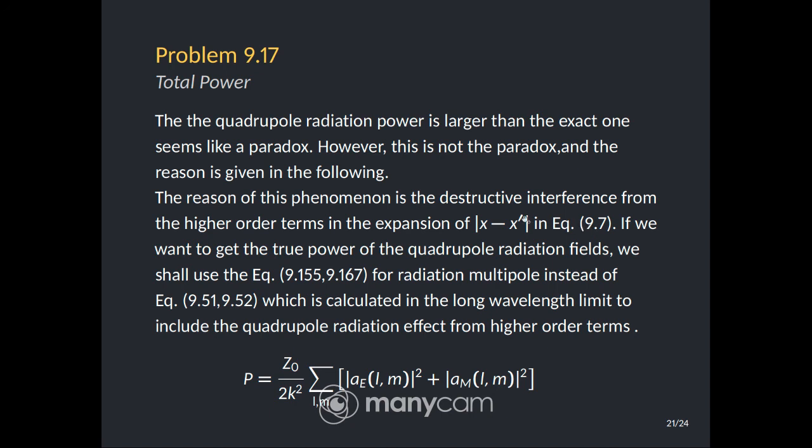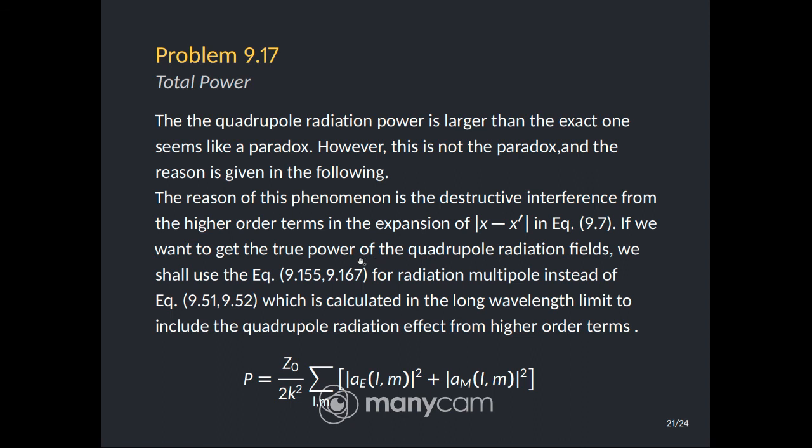If we want to get the true power of the quadrupole radiation fields, we should use equations 9.155 and 9.167 for the radiation multipoles, instead of equations 9.51 and 9.52, which are calculated in the long wavelength limit of the expansion of the absolute value of x minus x prime, to include the quadrupole radiation effect from the higher order terms.